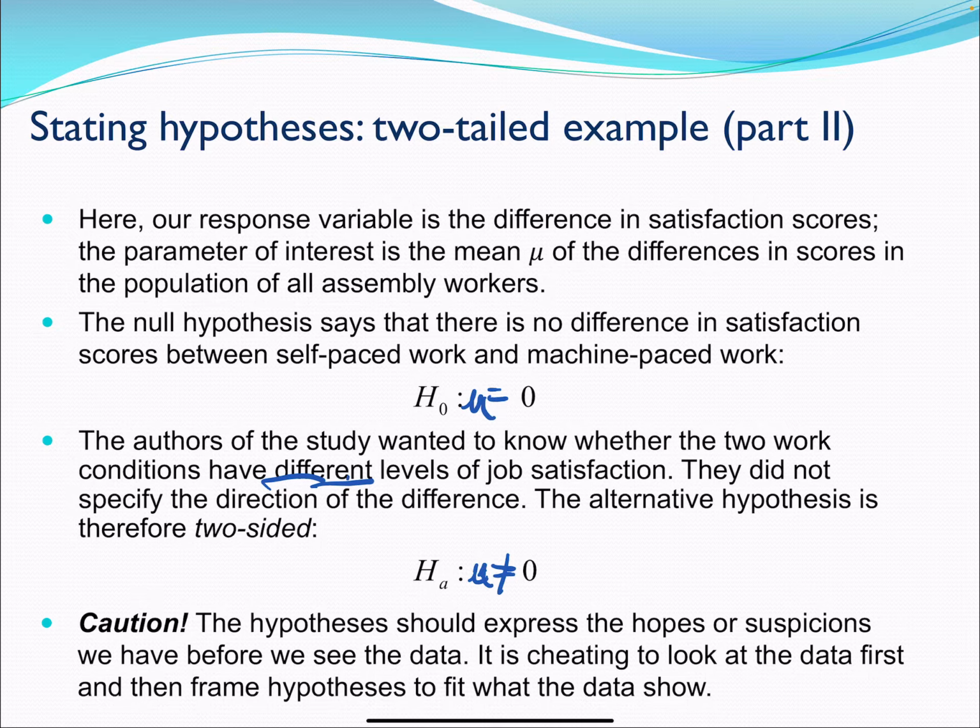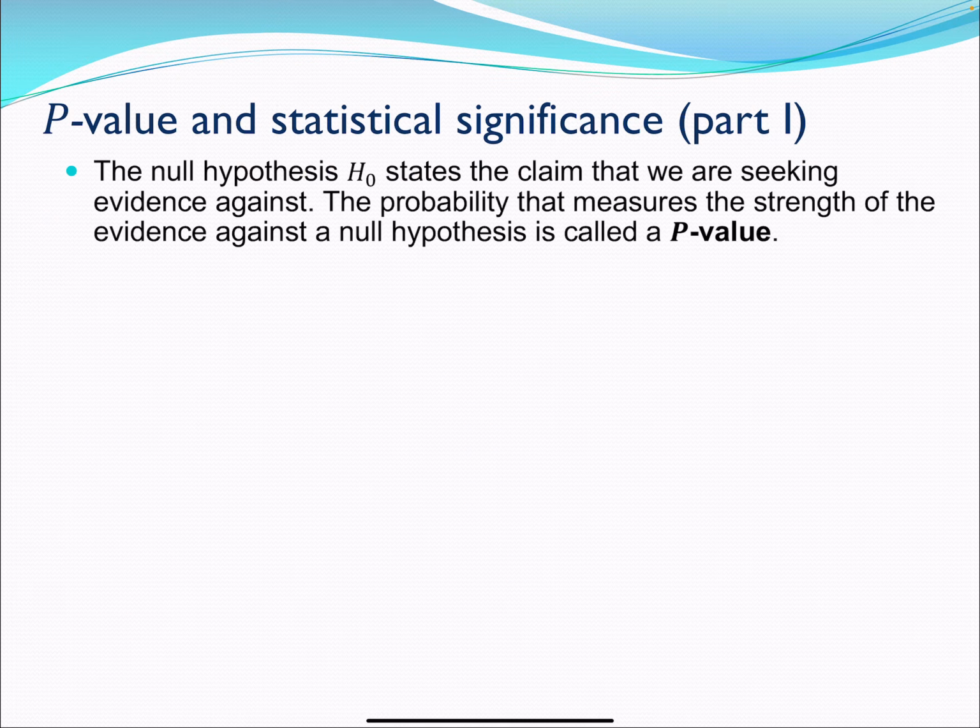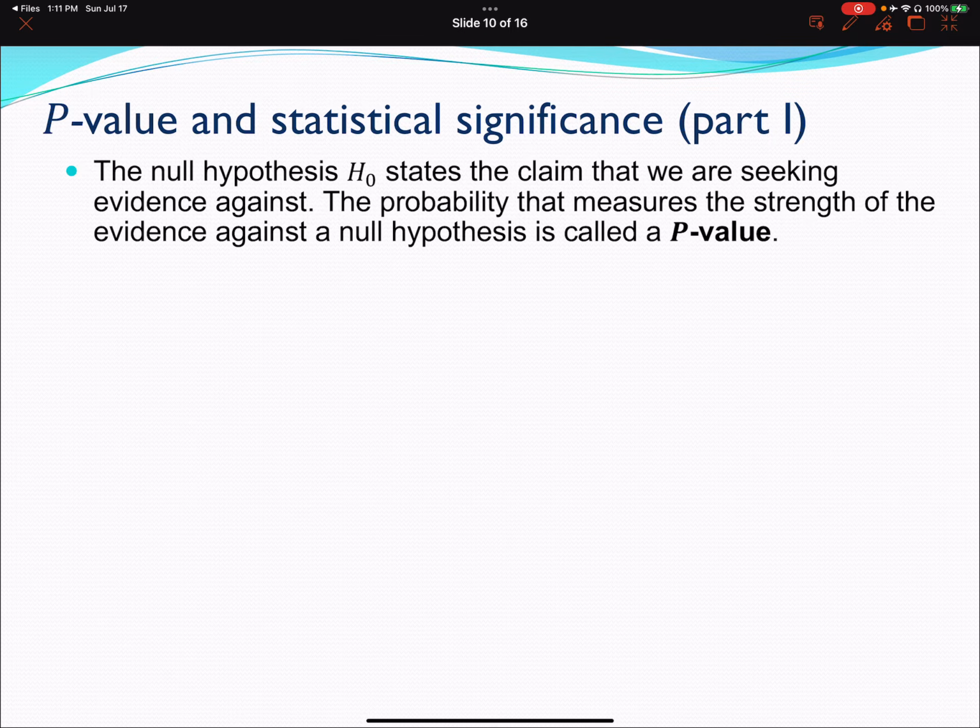So now that we have our null and alternate hypothesis, how do we know the strength of either of these hypotheses? Well, that's when the p-value comes into play. Our null hypothesis states the claim that we are seeking evidence against. And the probability that measures the strength of evidence against the null hypothesis is called a p-value.